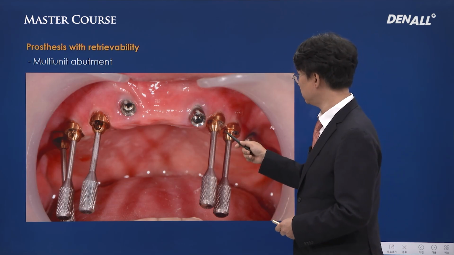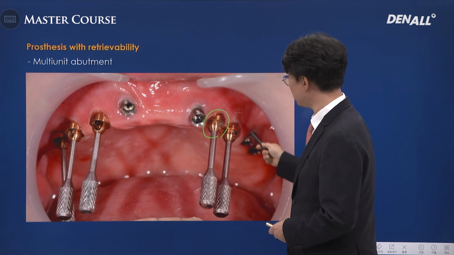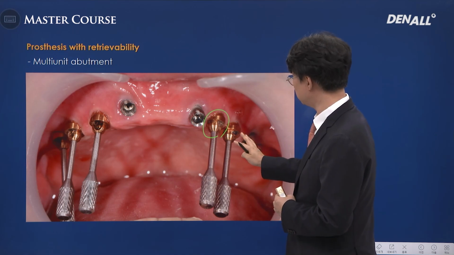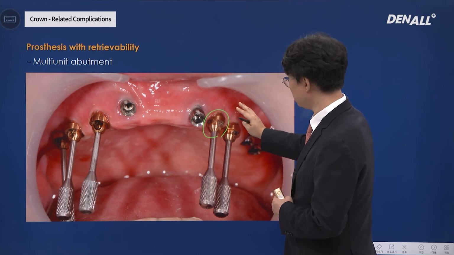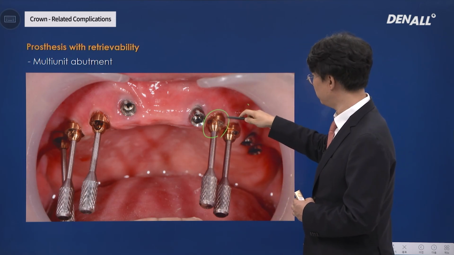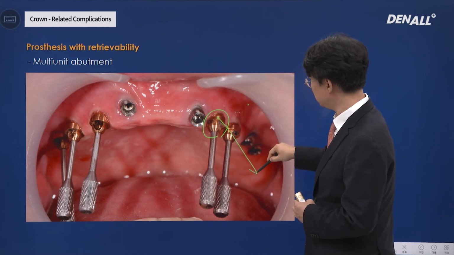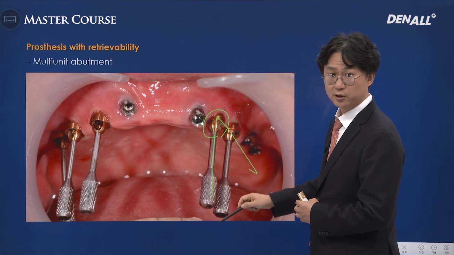In this case, multi-unit abutments can be used for the prosthesis. And these are not awesome implants, some different implants. With the angled multi-unit abutments, the labially positioned implants can be changed to the lingual direction.